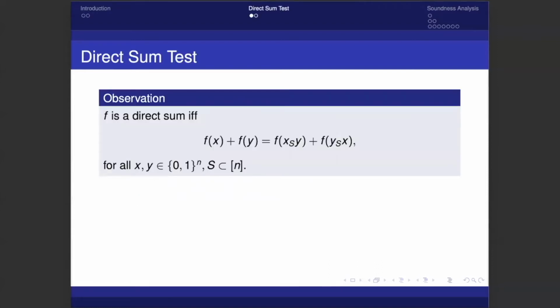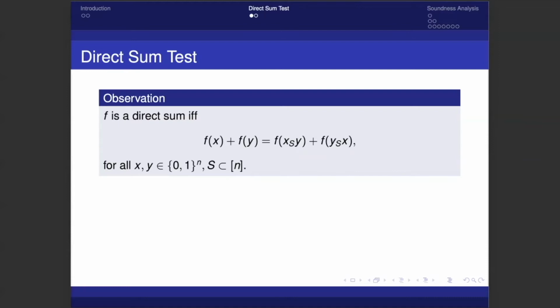Okay, so let's look at our direct sum test. We're going to begin with a simple observation. Note that if a function f is a direct sum, then f of x plus f of y, where x and y are 2 points in the domain, must be equal to f of x_S y plus f of y_S x. So x_S y is the string that matches x on indices in S and matches y on the remaining indices.